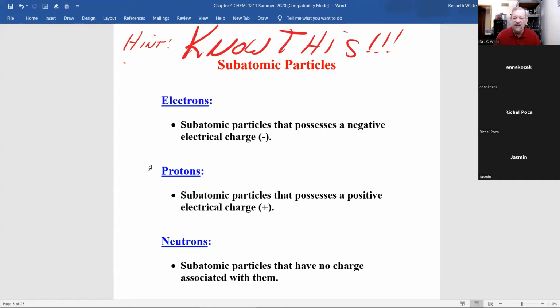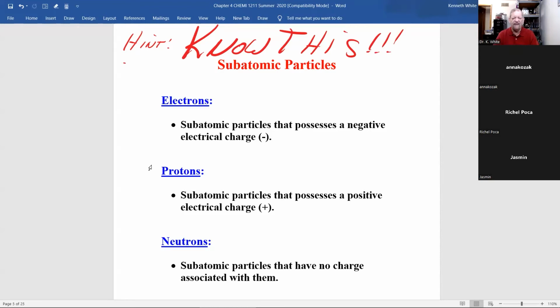Now, if we are face-to-face in a classroom, and I've done this, in fact, I did it in my 1211 last spring, where I had 48 students, and I said, everybody together, what are the three subatomic particles? I say, come on, with force. And if you're at home now, you don't have to turn on your microphone, but do it with Dr. White.